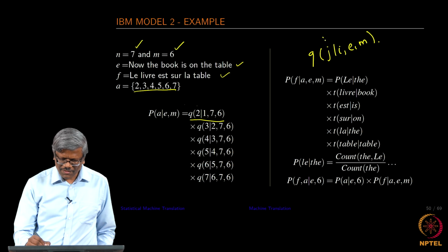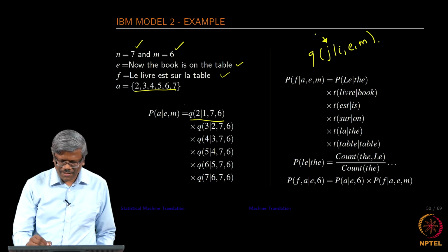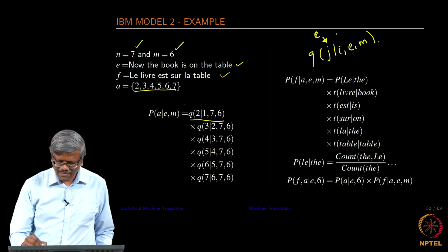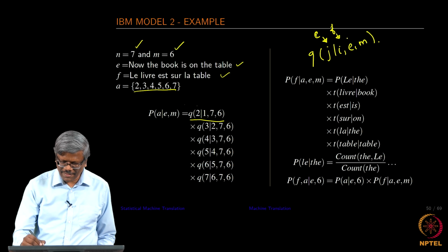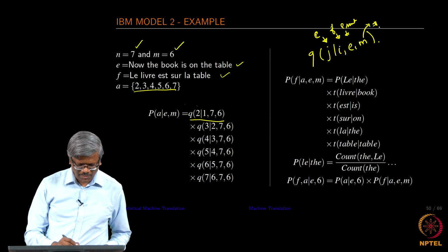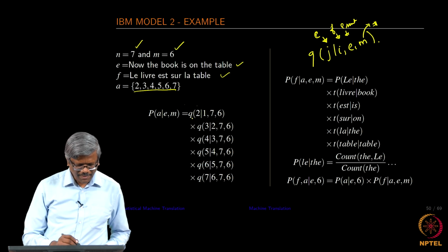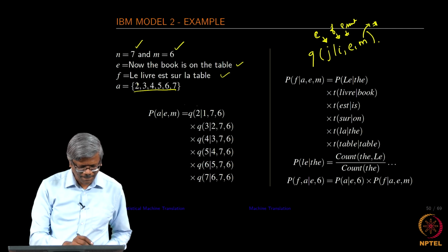Okay, so this is the index in the English sentence. This is the index in the French sentence. This is the number of words in the English sentence, and this is the number of words in the French sentence. Okay, so now let us go through this exercise to find out how the alignment probability can be computed. Okay, let us look at the first one.